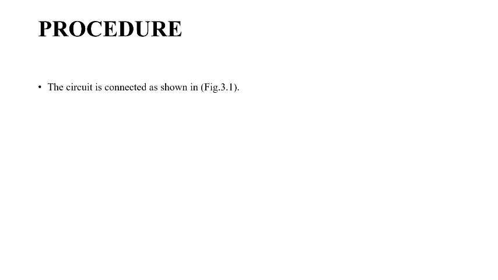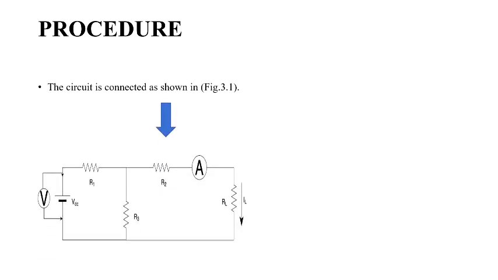Firstly, you are going to connect the given circuit diagram onto the breadboard as shown in the figure. All right, so this would be your main complex network. You are going to take your resistors, take your breadboard and connect this circuit onto it.